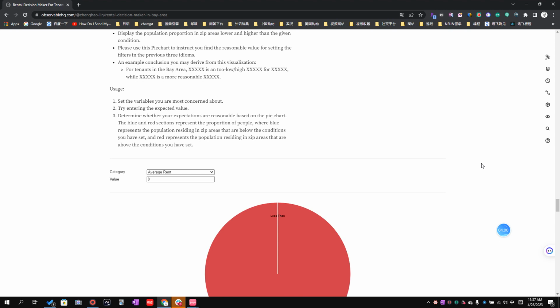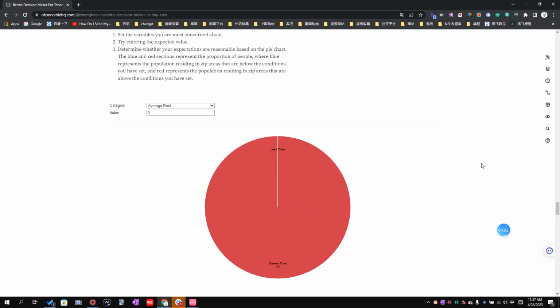For example, if you don't know what is a reasonable expectation of the average rent in a zip code area, then you can first choose average rent here as a category and try to modify the value here.